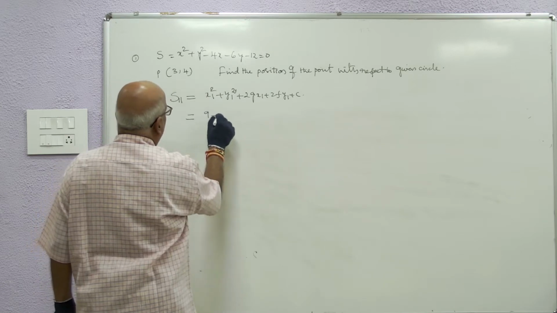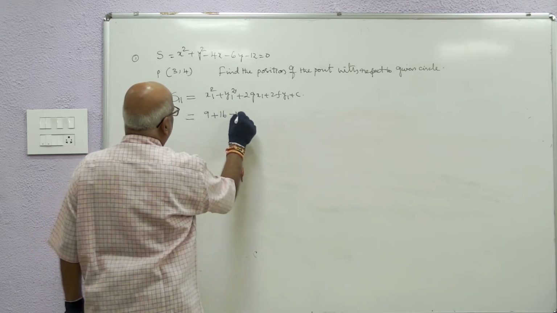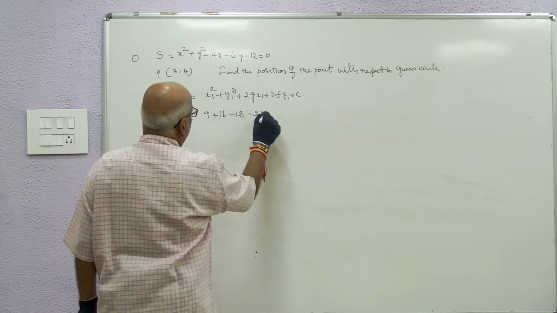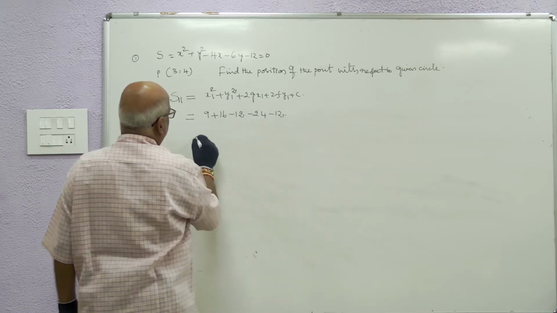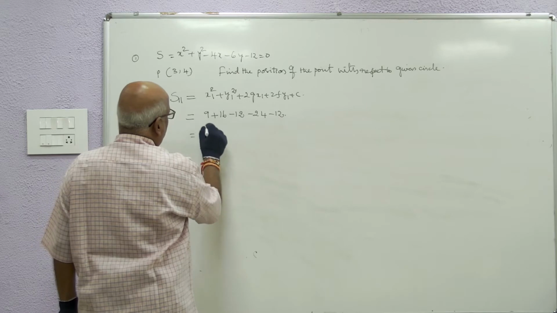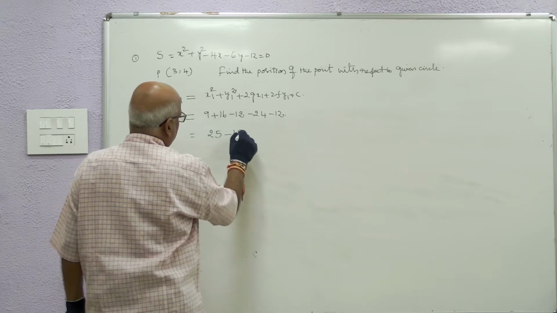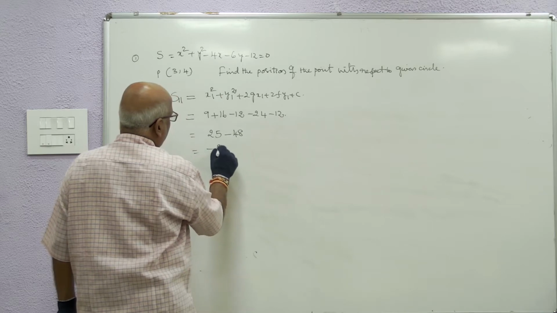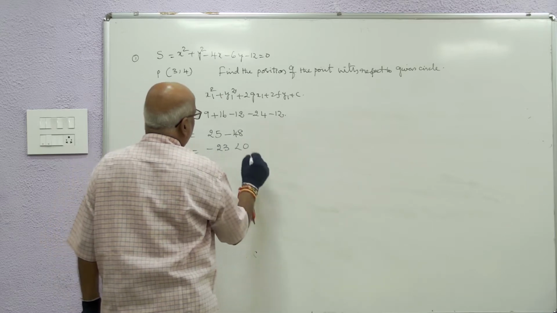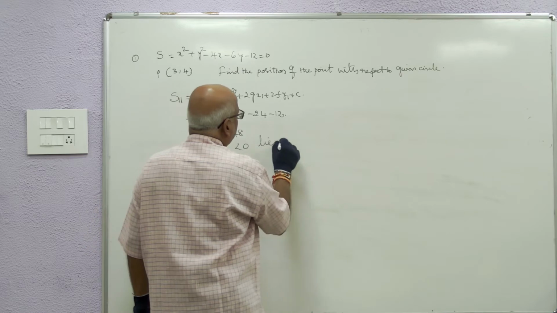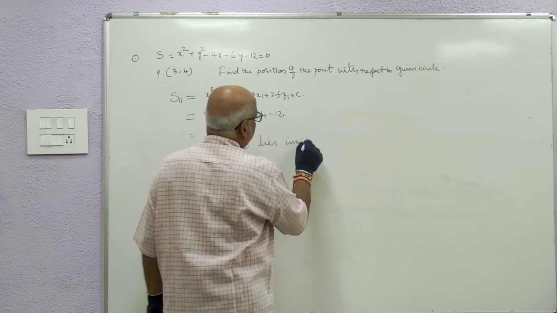Substitute 9 plus 16 minus 12 minus 24 minus 12. 16 plus 9, 25 minus 48, that is minus 23 less than 0, lies inside the circle.